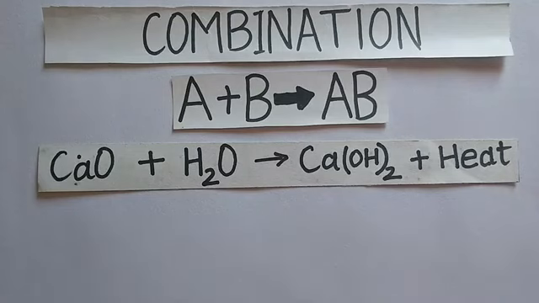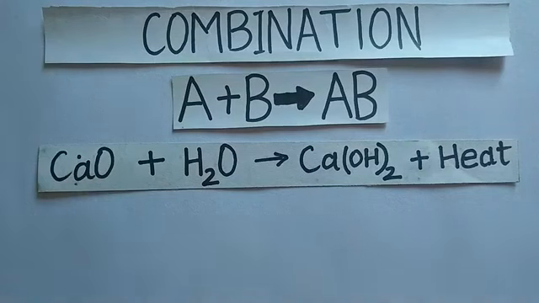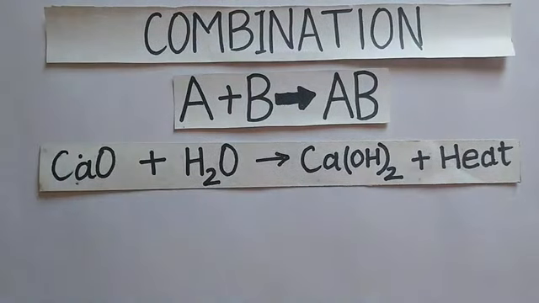So you know that matter exists in three states, right? Which is solid, liquid, and gaseous. So this state of matter has to be mentioned for the products and the reactants that we are using. These will be called the state symbols.